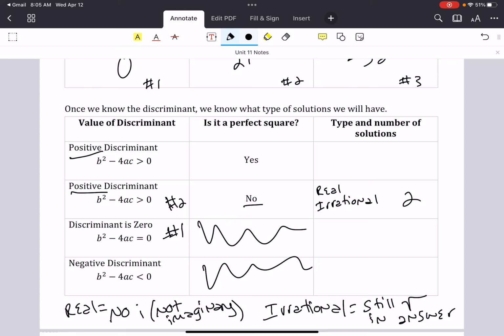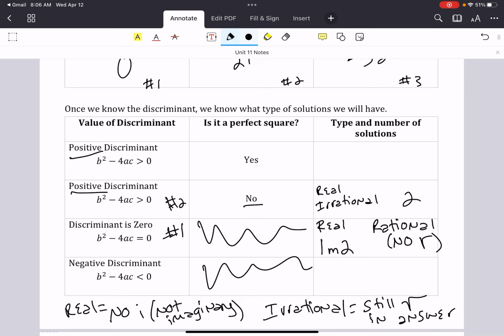Okay, so type and number of solutions. It's going to be real, so that means not imaginary, no I. And it's going to be rational. Rational means no square root, so it's going to be like a nice number. Nothing weird. And there's only going to be one, but it's going to have a multiplicity of 2.